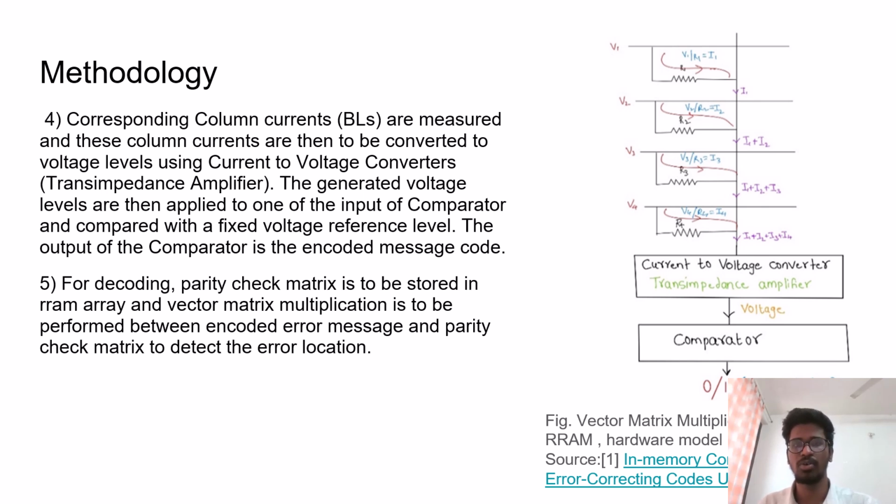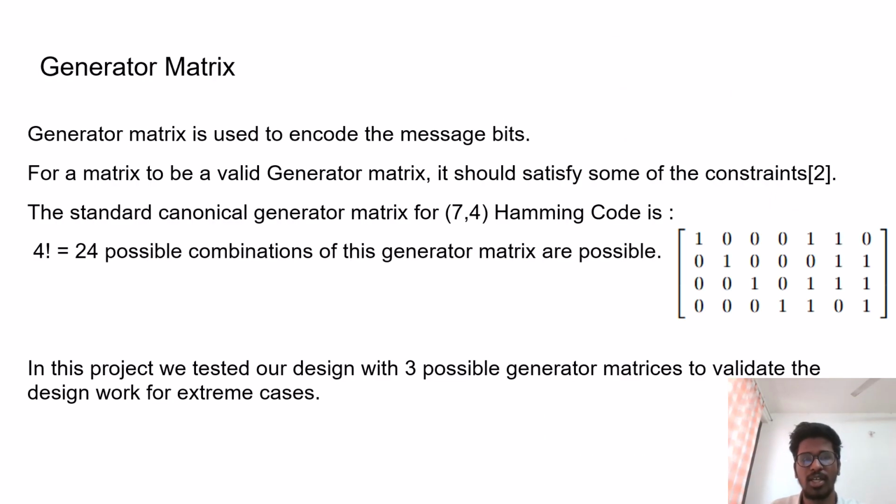For decoding, we use the parity check matrix that is stored in the RRAM array. We perform vector matrix multiplication between the encoded message and the parity check matrix. Generator matrix. Here you can see the generator matrix, which contains the identity matrix and the parity bits. Basically, the generator matrix is used to encode the message bits.